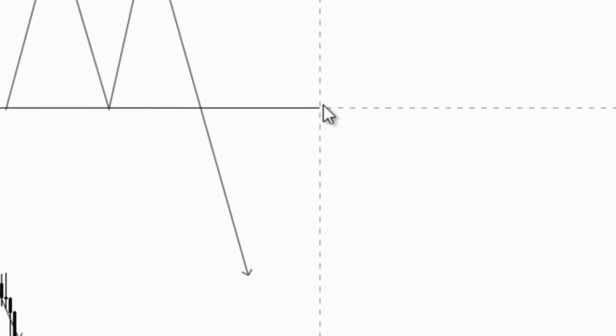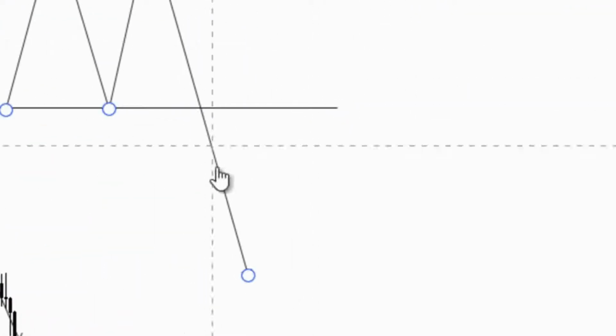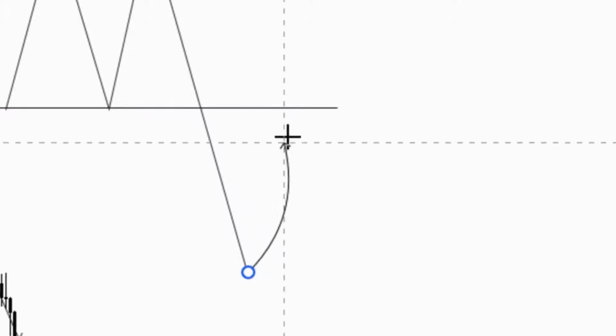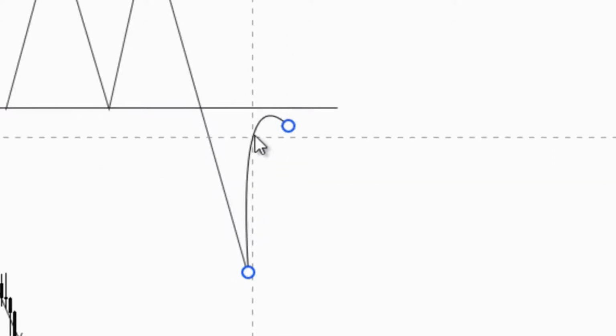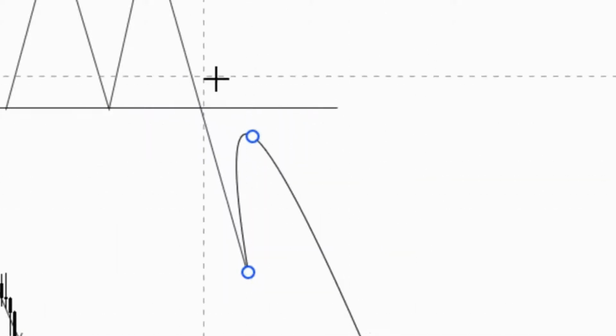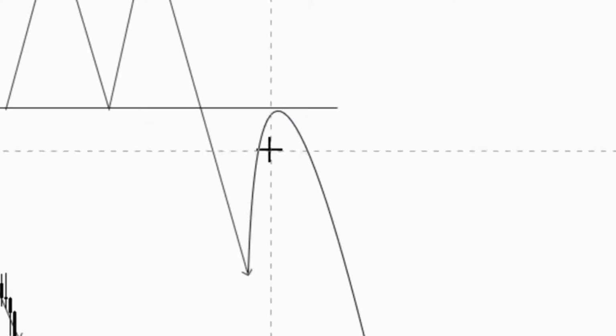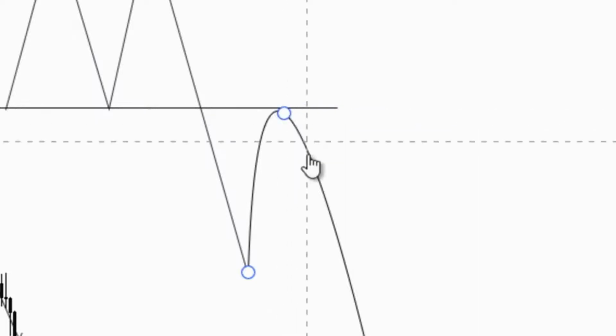What I want to see is a break of this neckline, and after that, I like to see price do this. I like to see price return back to the neckline and then push further.